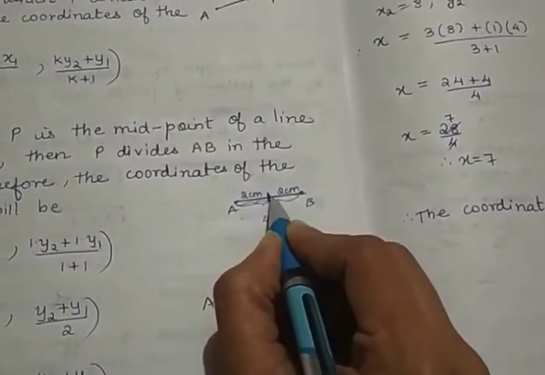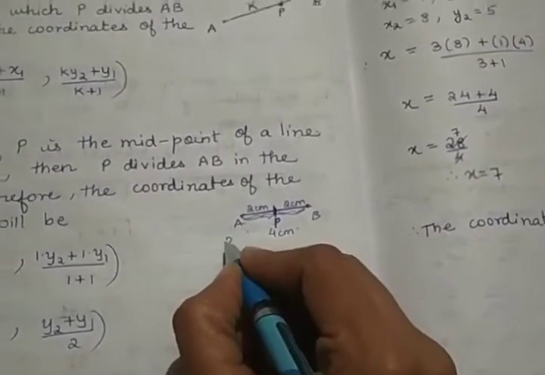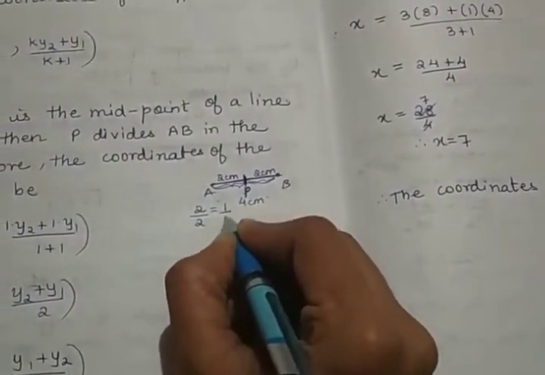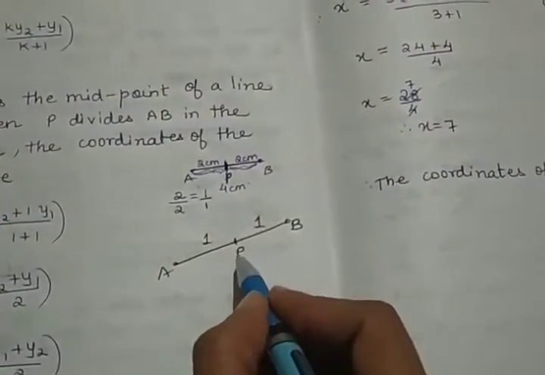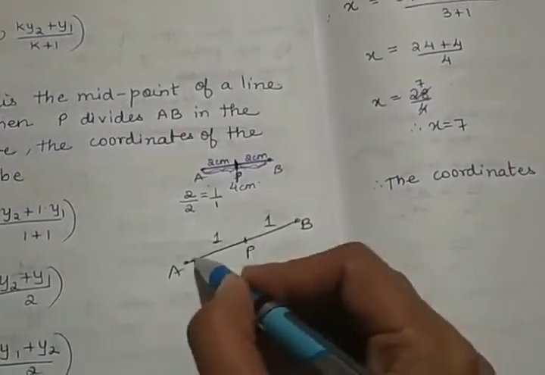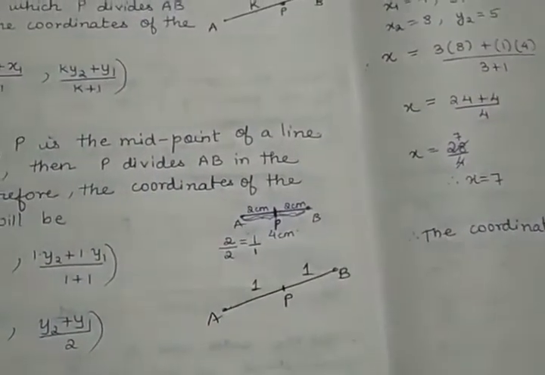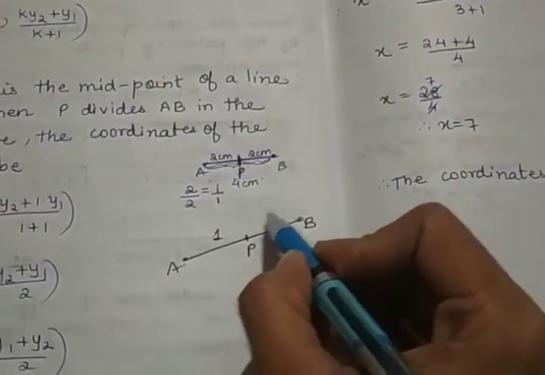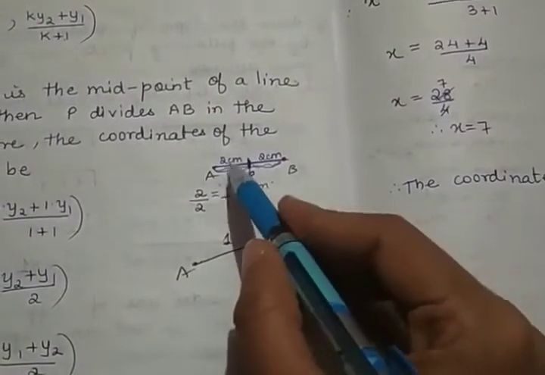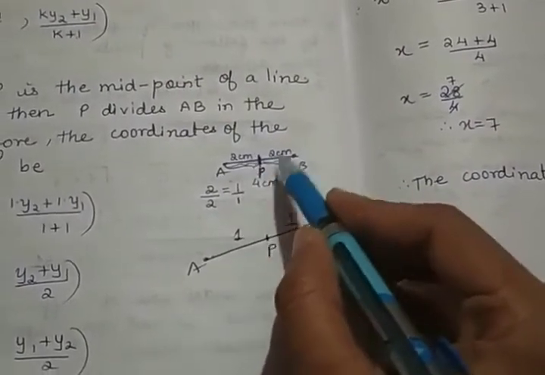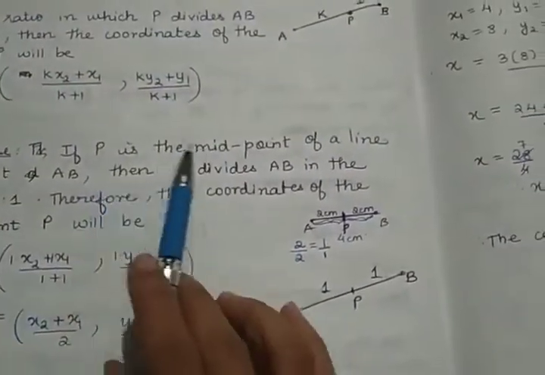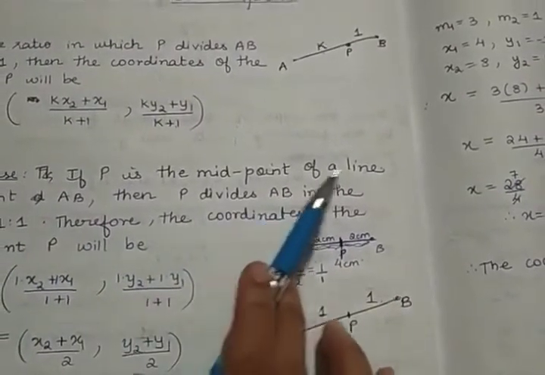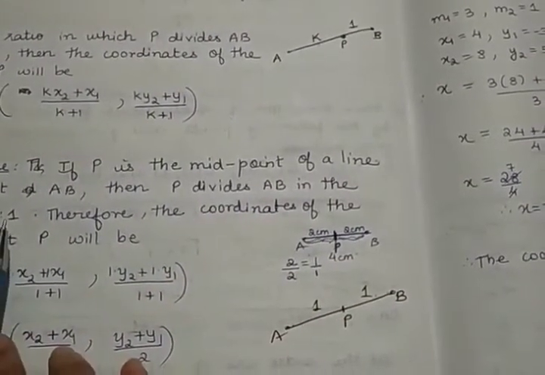If I take the ratio of these segments, it will be 2 upon 2, which is 1 upon 1. So if P is a midpoint, the ratio in which P divides AB will always be 1:1, because both the segments have the same length.